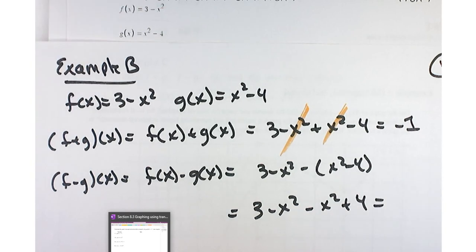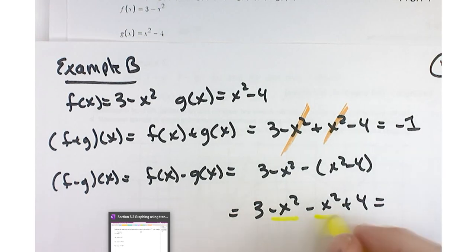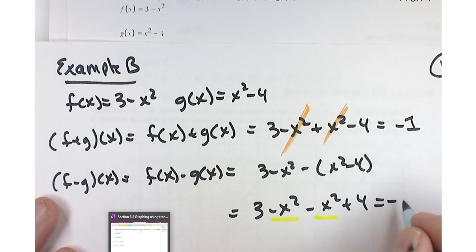Dalen, how's that going to simplify? Negative x to the second power. How many negative x to the second power do I have? 2. Yeah, so negative 2x squared plus 7.